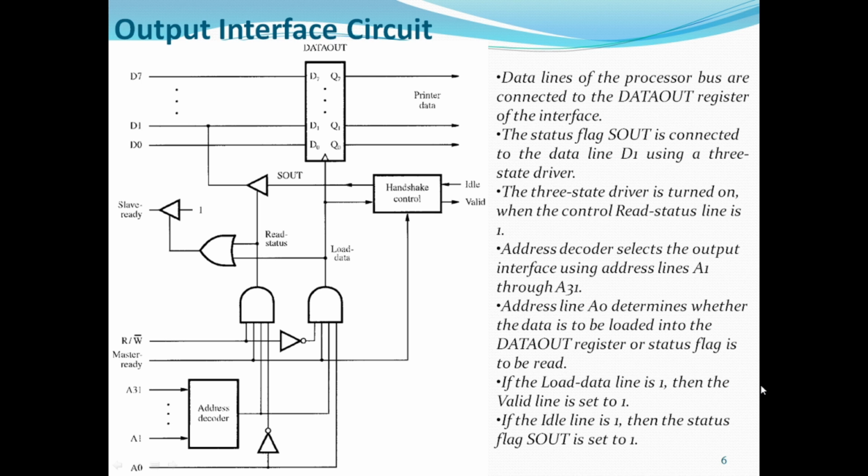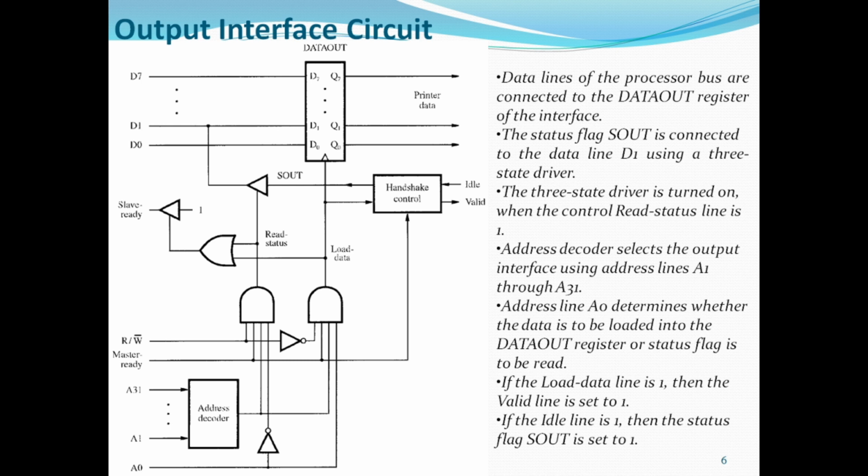port, right? Here, as you can see in this figure, is an implementation of the output interface circuit. Its operation is very similar to the input interface circuit which was discussed in the previous class.